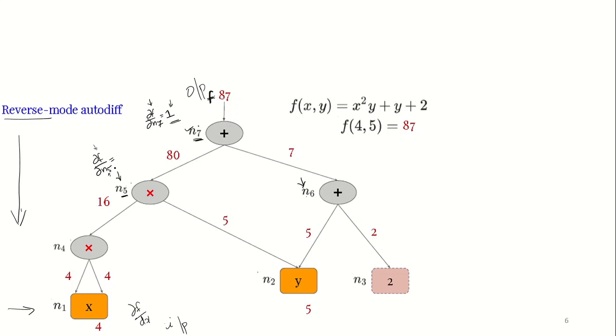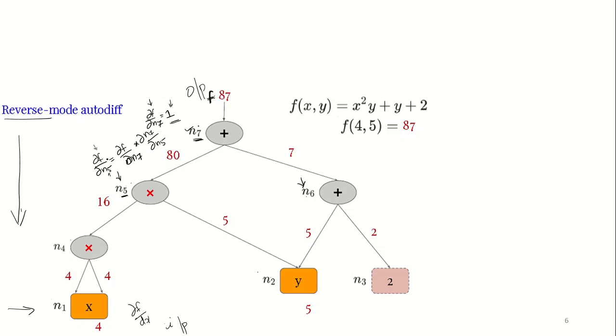So how do we calculate it? We first find the derivative of f with respect to n7, its parent. A parent of n5 is n7. So how the change in n7 reflects in function f is dou f by dou n7, into dou n7 divided by dou n5. The change in n5 will affect n7 also.